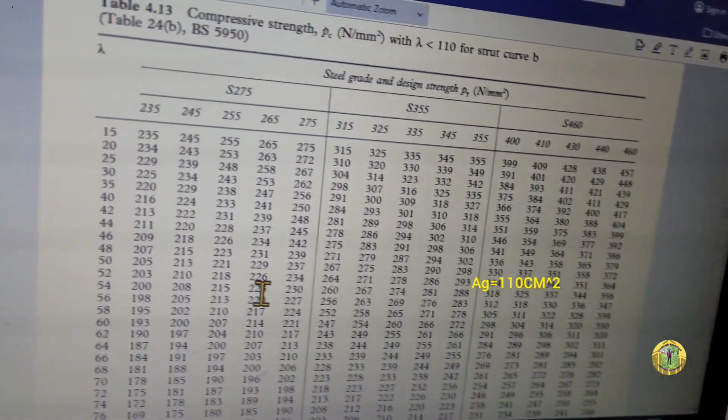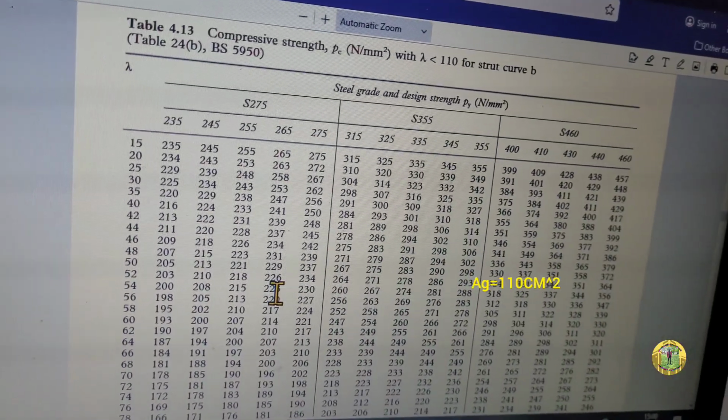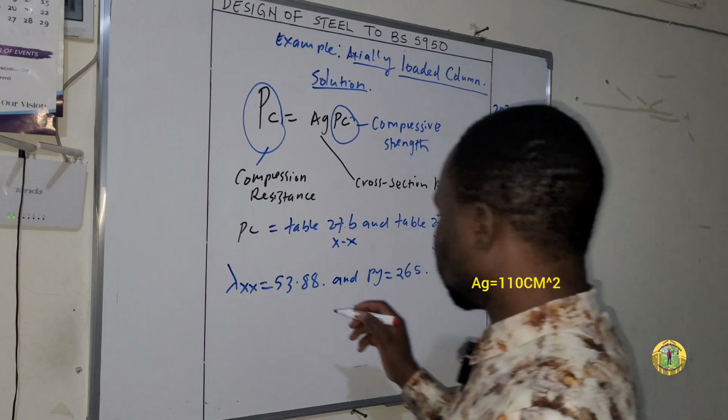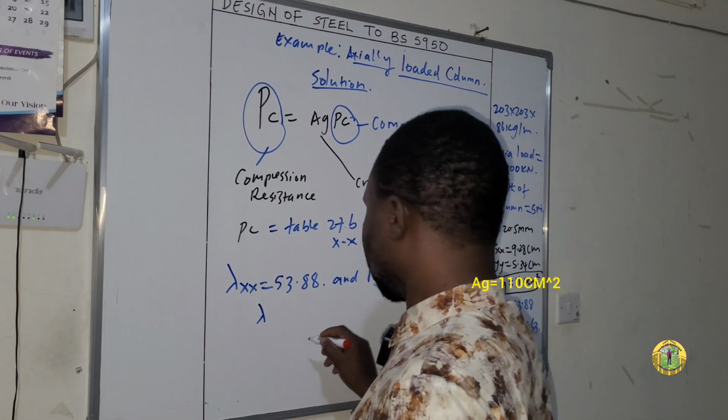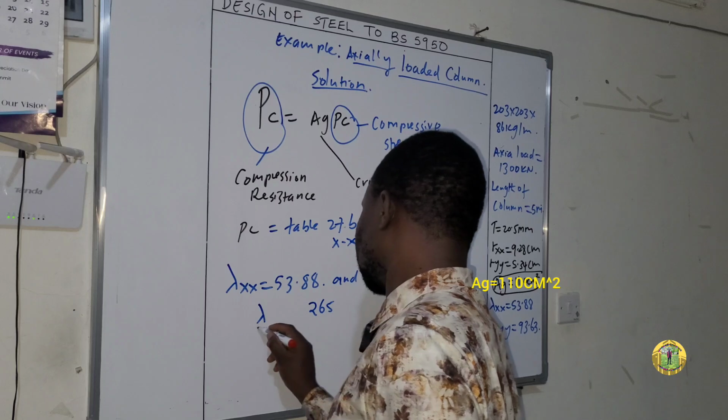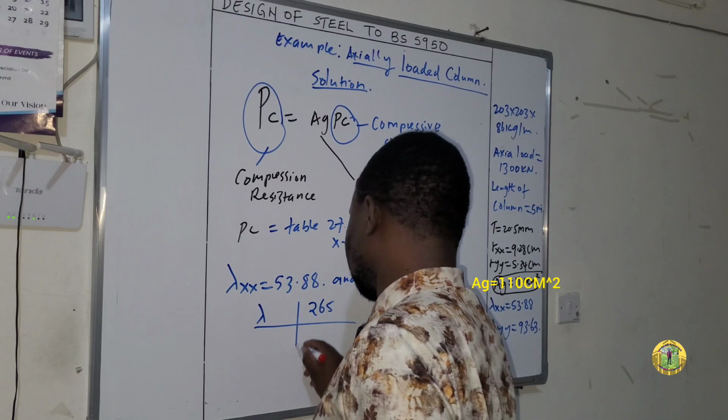Then we will interpolate. I will show you how. We have the slenderness ratio and the value of 265.